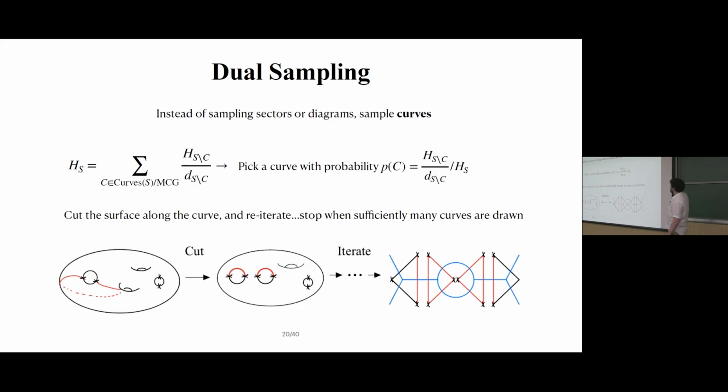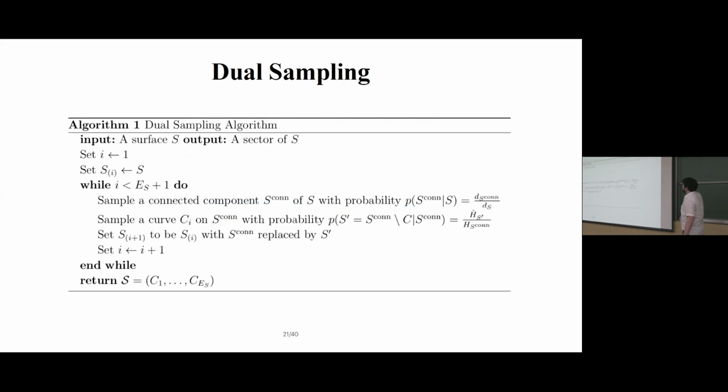So the idea is that you start from a surface, you pick randomly a curve on it according to that probability, you cut along that curve, you produce a new surface, and then you continue until you have nothing left to cut, because you have degenerated the surface to a collection of triangles glued together by their sides. So this is a Feynman diagram. But the order in which you have cut the curves gives you a particular sector of that diagram. This is just formulated not in words but in a certain algorithm, but it's the same algorithm.